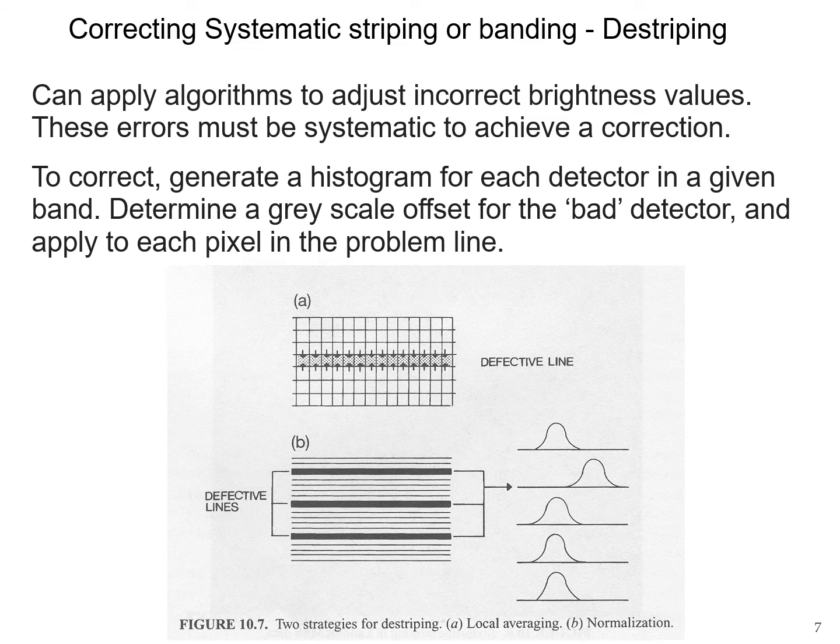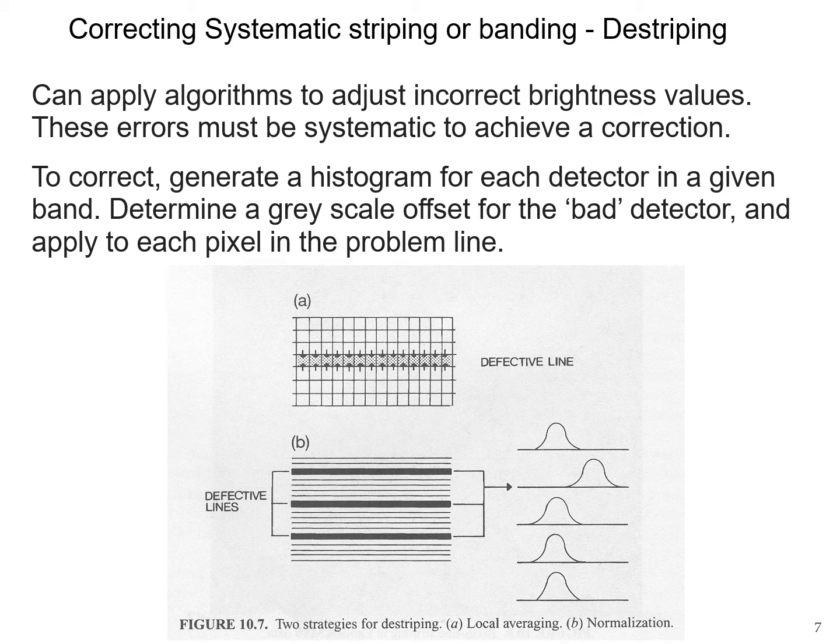So what do we do? We can apply some algorithms to adjust the incorrect brightness values. And you have to assume that errors are systematic to achieve a good correction.